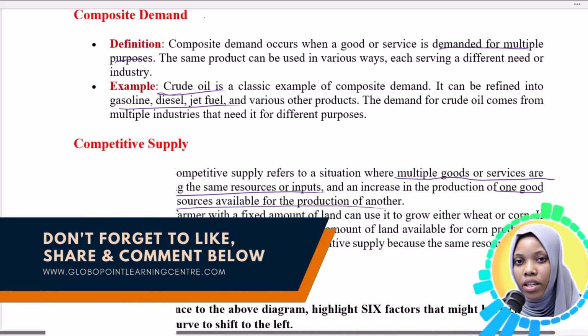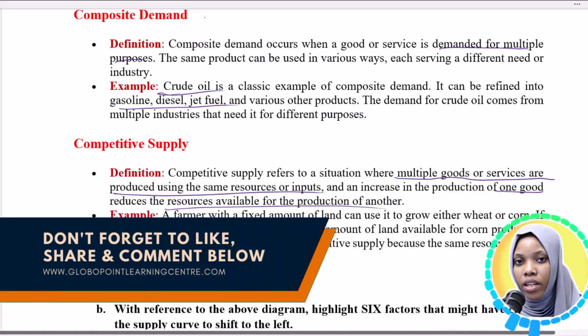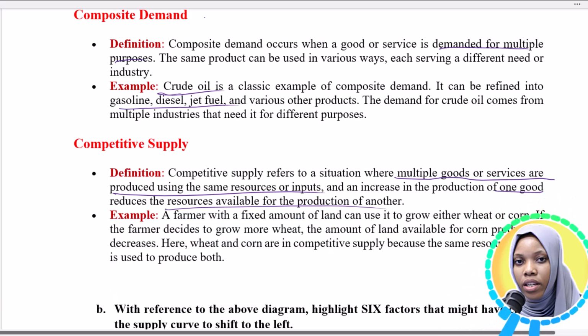An example is a farmer with a fixed amount of land which he can use to grow wheat or corn. If the farmer decides to grow more wheat, then the amount of land available for corn production will be less. That is competitive supply.